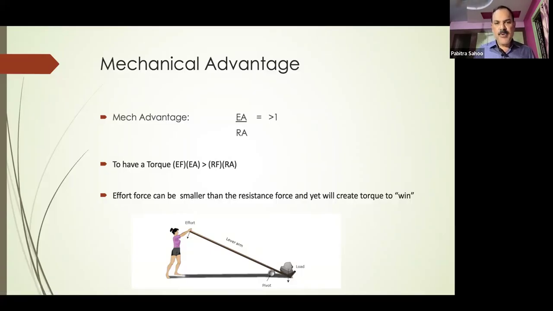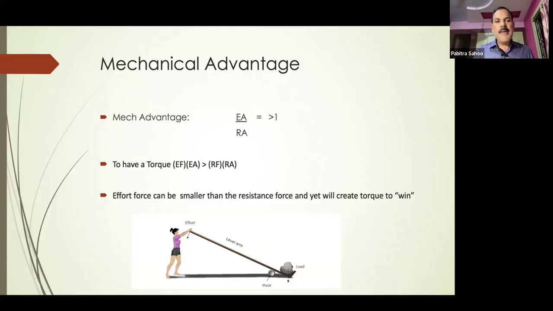If you go for a mathematical calculation, if the effort arm times the effort force is more than the resistance force times the resistance arm, that creates a torque, that creates a motion. But when these two products are the same, it will cause a balanced suspension.